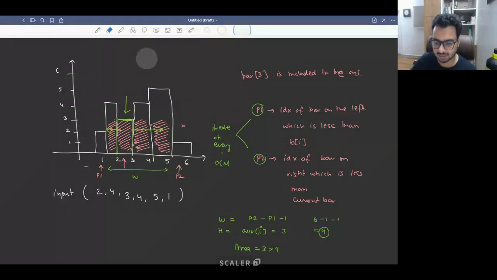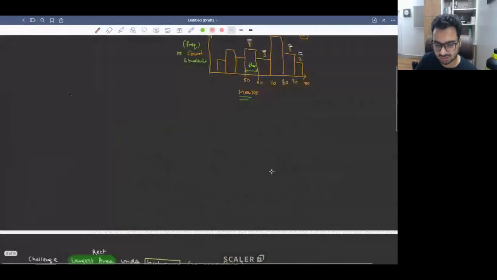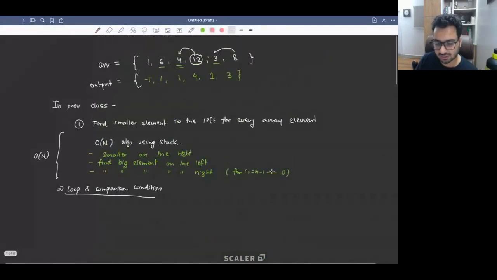But if we don't do this, if we do what we did earlier, if we do the pre-computation, if we pre-compute the array, do it once for P1 and once for P2. How do we do it? Like we did in the previous class. What we learned in the previous class is that for every element we can find the smaller element to the left using a stack.